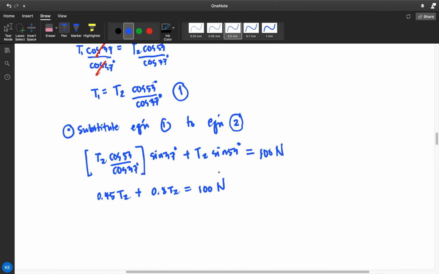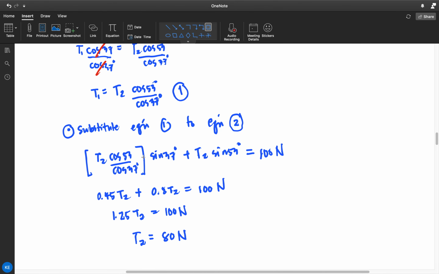So in this case, you are left with one unknown, so combine like terms, so that would be equal to 1.25 T2, which is equal to 100 newtons. Divide 1.25 both sides of the equation, so the value of your T2 is simply equal to 80 newtons. Okay, so nakuha nato ang answer for your T2.